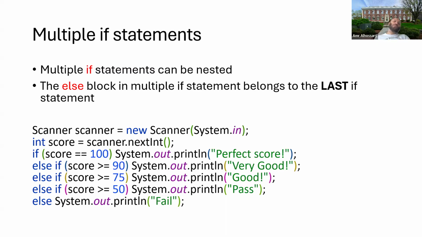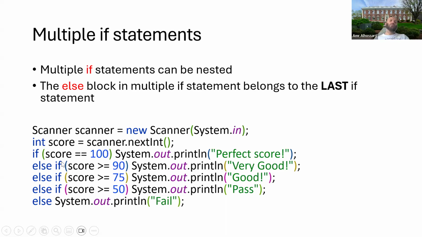So we take input from System.in. You open a scanner and take the next int. If the score is 100, this is a perfect score, you print perfect score. Otherwise, you go to the else.